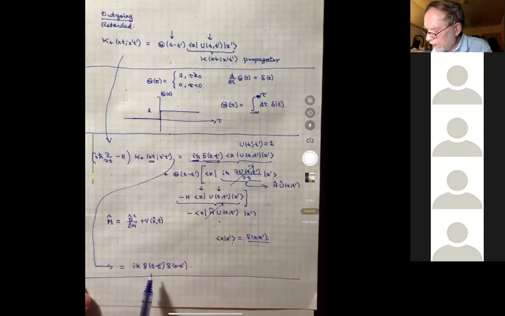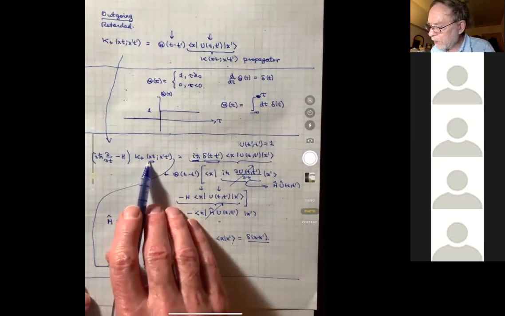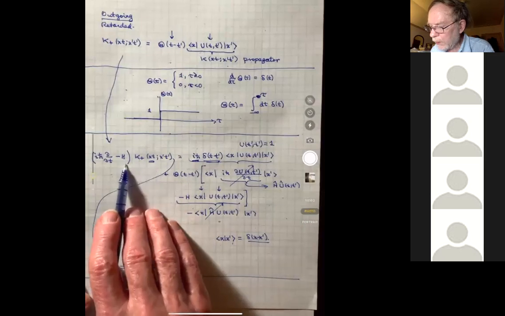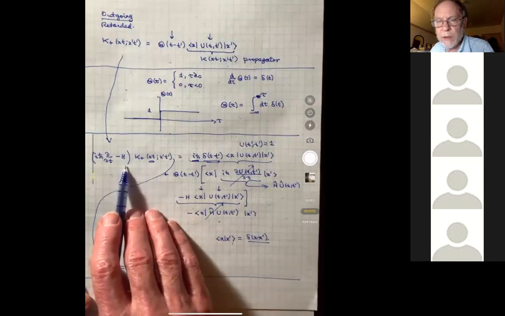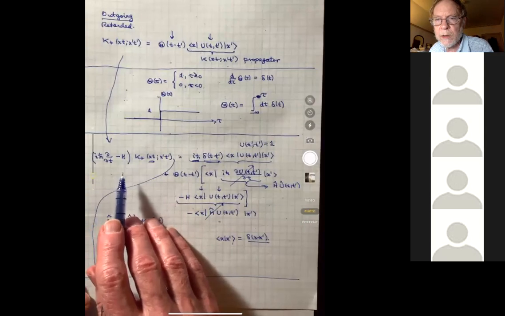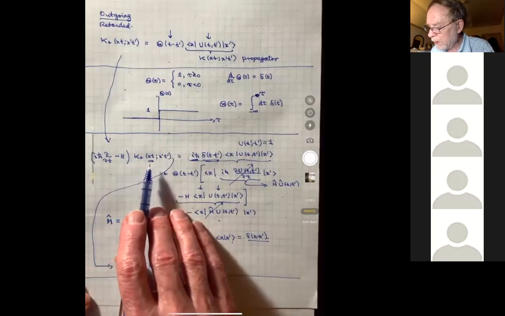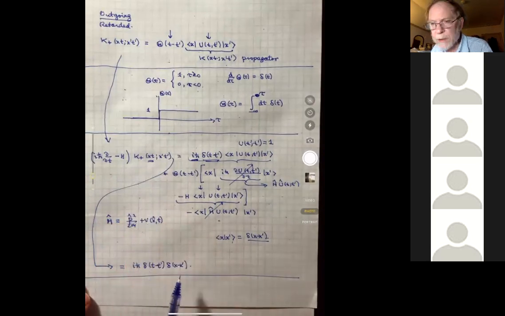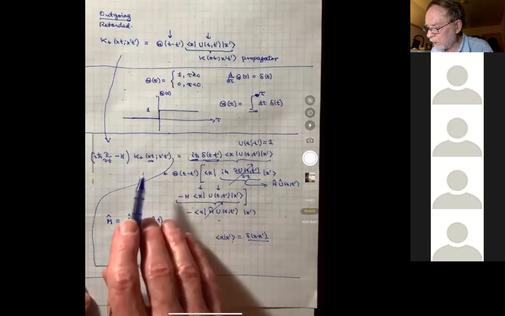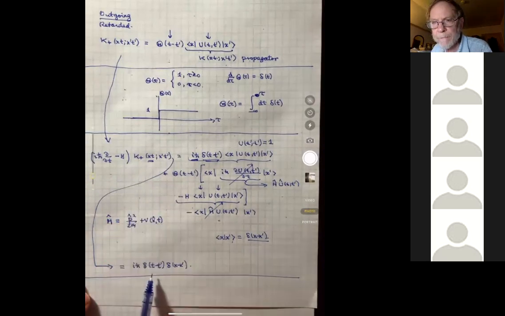If you're not at t equals t prime, if you're either before or after, then K plus is a solution of the homogeneous Schrodinger equation. In other words, it's a solution of the usual time-dependent Schrodinger equation in the variables x and t, both for negative times and for positive times. It's only right at t equals t prime that you have a non-zero right-hand side.